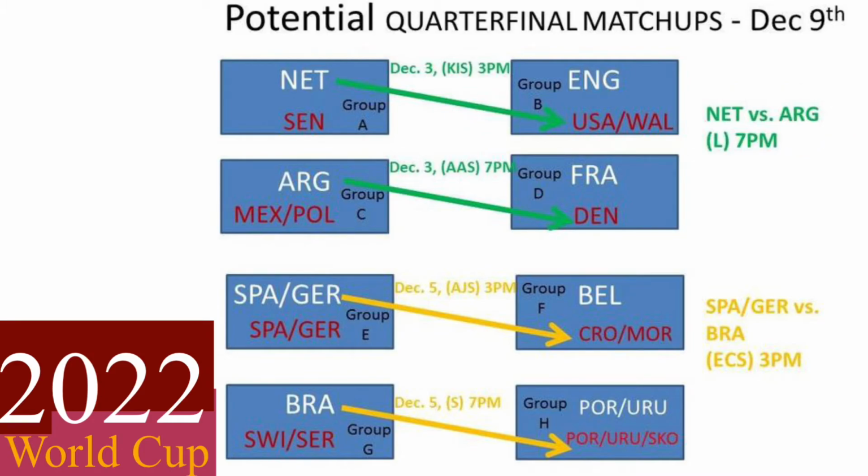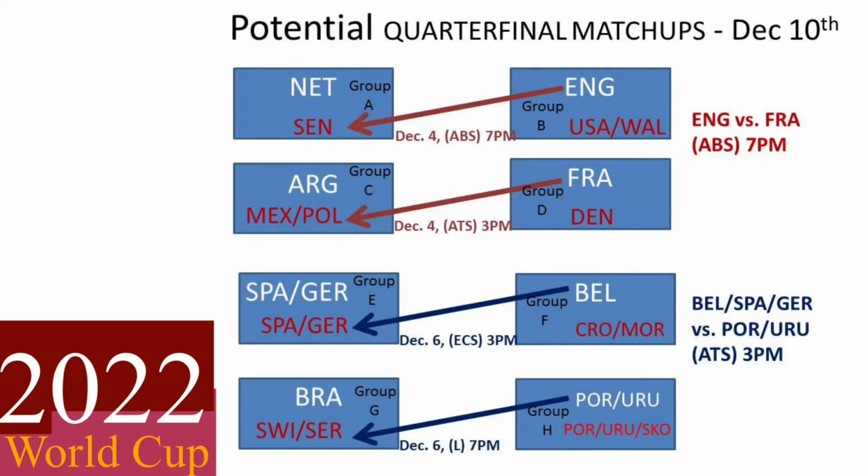Similarly, the 3 o'clock match will most likely be Brazil against either Germany or Spain. On December 10th, the quarterfinal matchups will most likely be England and France at 7 o'clock. The 3 o'clock game is a bit harder to call, except it might be all European teams.